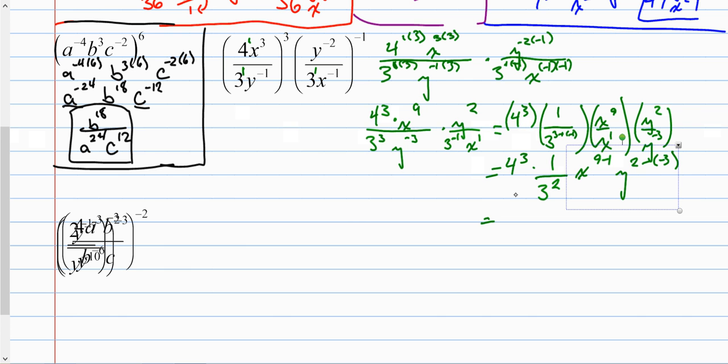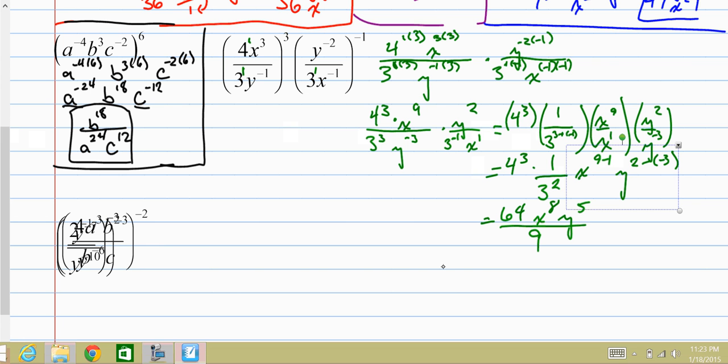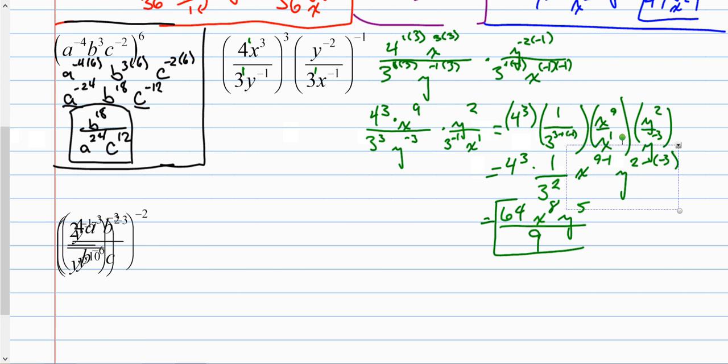So 4 to the third, 4 times 4 is 16, times 4 is 64. I've got an x to the 8th, that's that 9 minus 1, and a y to the 5th, 2 minus negative 3, all over 9. And that is how that one simplifies.